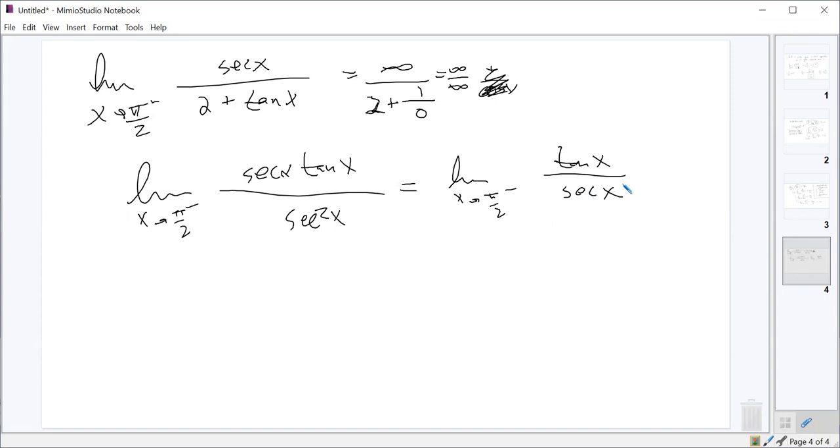And what we note is that this is still infinity over infinity, right? Because the tangent's still giving me infinity and the secant's still giving me infinity. And if we tried to use L'Hopital's rule again, we'd end up with secant squared over secant tangent. And that'd just be secant over tangent, which would be infinity over infinity. And if I tried to do it again, I'd get infinity over infinity again and again. I just flip back and forth between tangent over secant and secant over tangent.